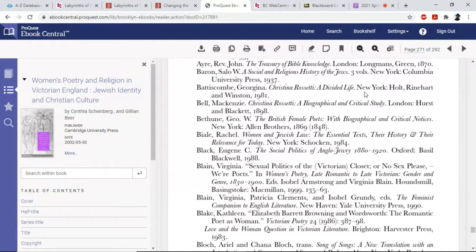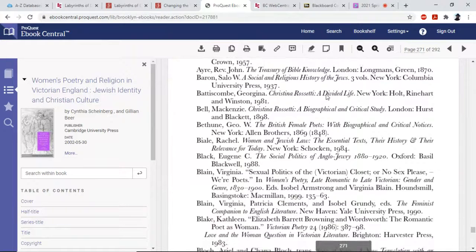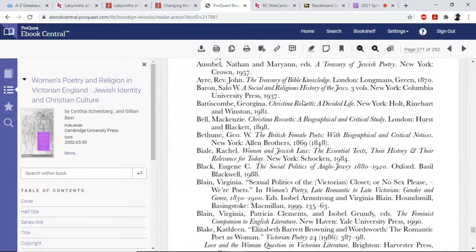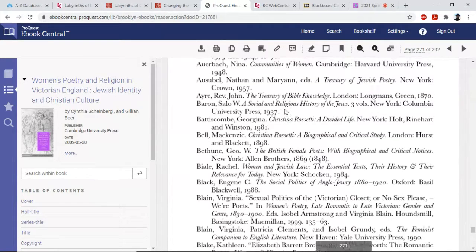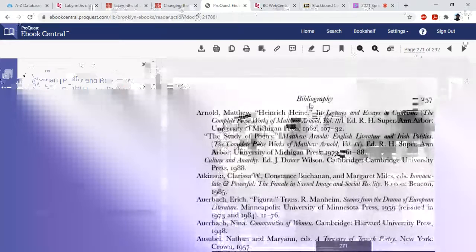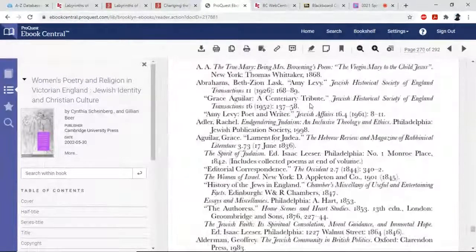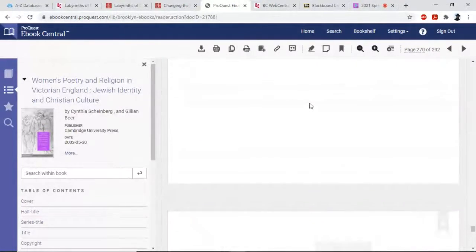Because if everybody's referencing it, then it's one of the key coordinates of the conversation, right? If everybody is speaking to Georgina Battiscombe, then you want to be sure that you are also speaking to Georgina Battiscombe and you are hearing what she's saying and referencing it, at least acknowledging it in your own paper. But of course, you're writing relatively short research papers, so you have to be selective.